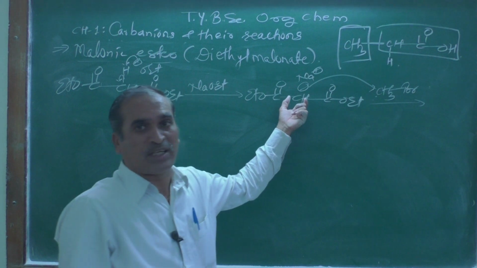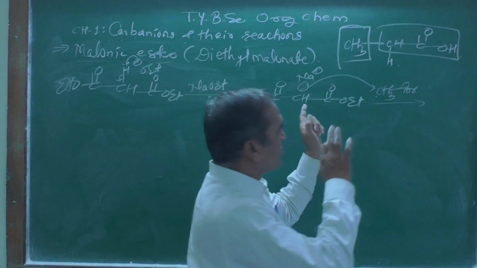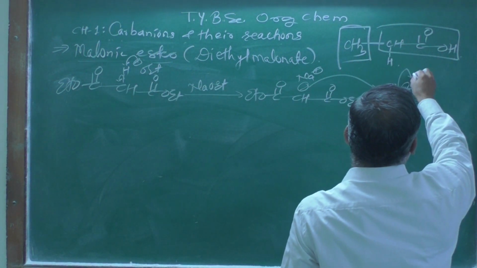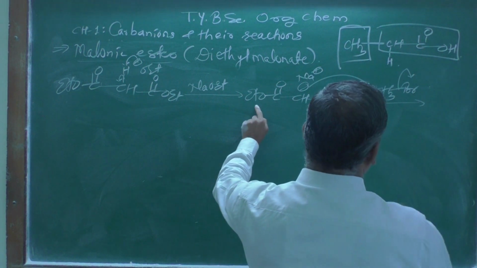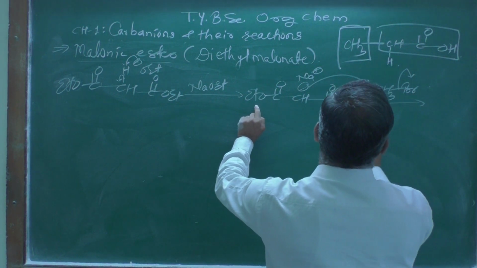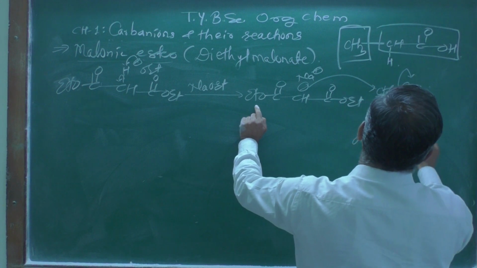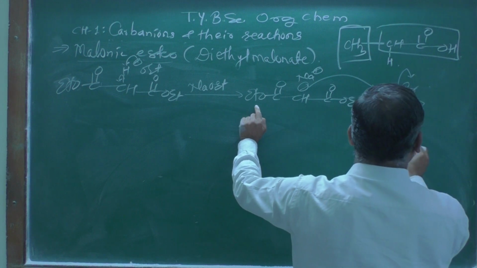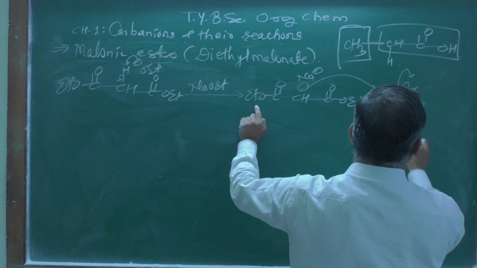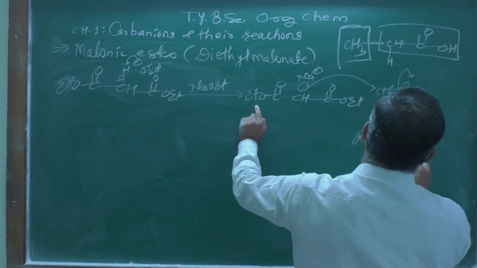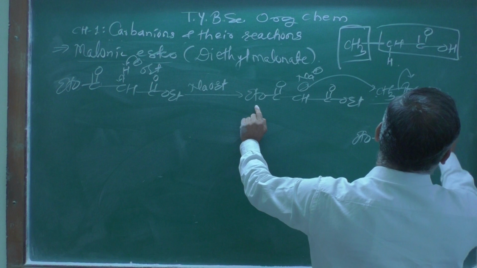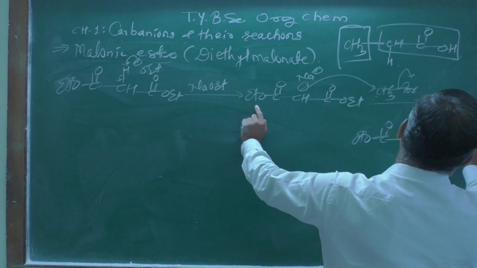As we know it is a nucleophile, the substitution reaction takes place and we are going to get here EtO, C double bond O, then CH2, here I am writing this not CH only, and here a methyl group, and then C double bond O, OEt, like this.